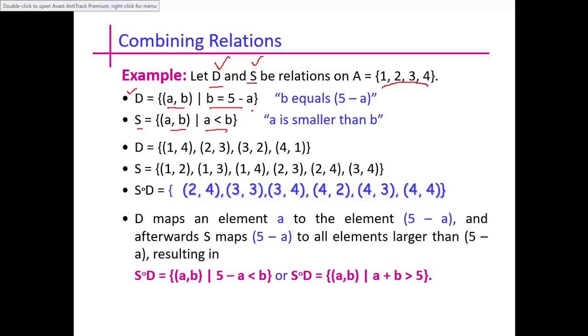So now we pick elements from A which satisfy this relation, and now we see that (1, 4) satisfies the relation, since 4 is equal to 5 minus 1, and just like 3 is equal to 5 minus 2, and for (3, 2) we have 2 is equal to 5 minus 3, and just like we have 1 is equal to 5 minus 4.